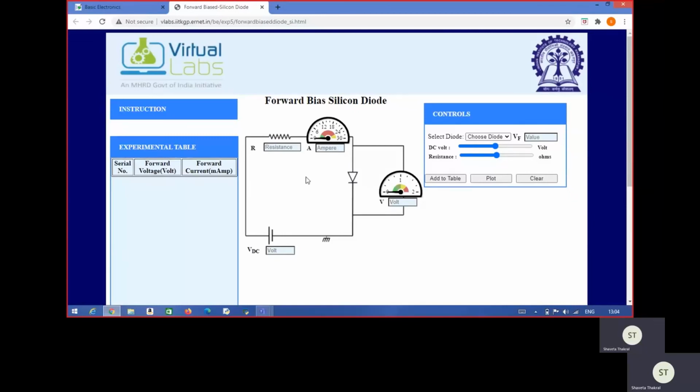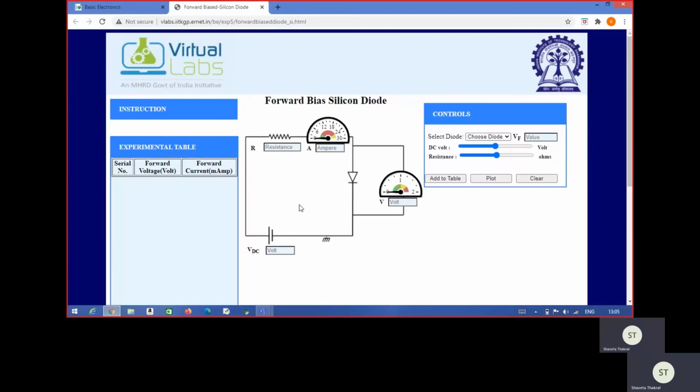We keep on varying this applied DC voltage and keep on noting down the voltage across the diode and the current through the diode, and make an experimental table where we have all the forward voltages and forward current readings. With the help of this table we can plot the VI characteristics of the forward biased PN junction diode.